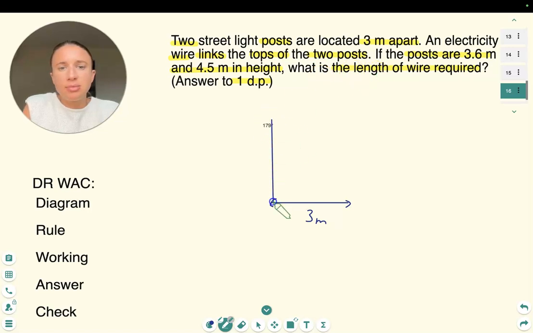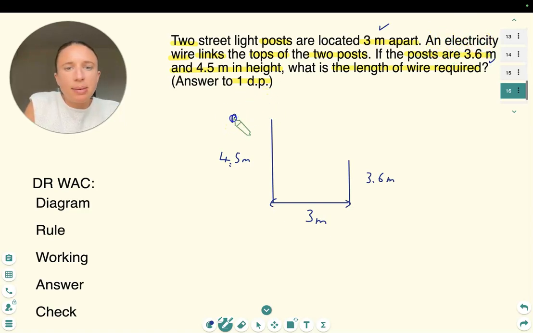See in that third sentence, if the posts are 3.6 meters and 4.5 meters in height, so I've used that information. We can even label them post 1 and post 2.